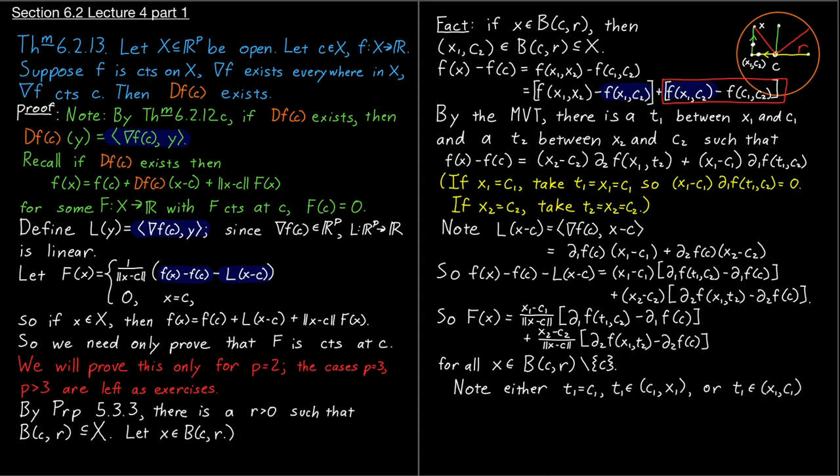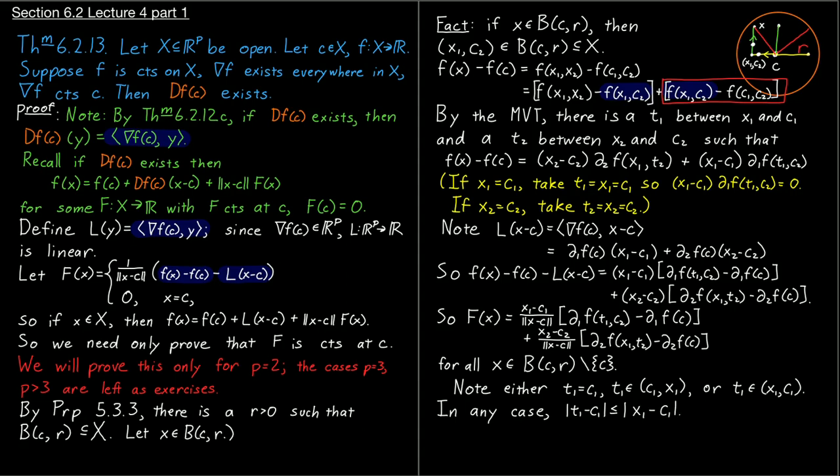We don't get to pick which side of x it lies on. But the fact is, in any case, the absolute value of the difference between t1 and c1 is less than or equal to the difference between x1 and c1.